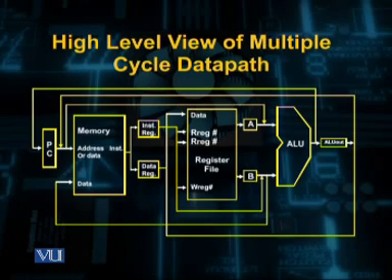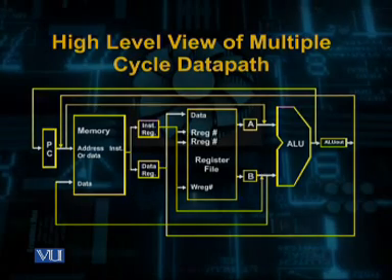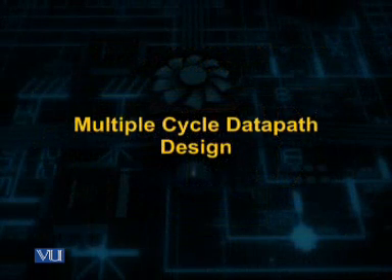Operand registers A and B read in cycle 2 may be used in cycle 3 or 4, and similarly for some other types of instructions. Now, considering this, let us consider the next detailed diagram of the multi-cycle data path.